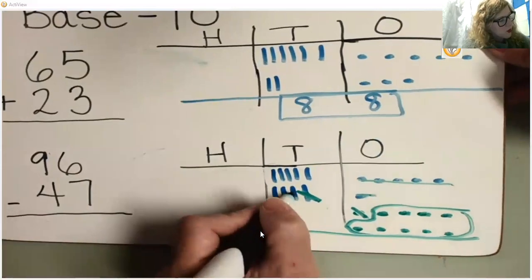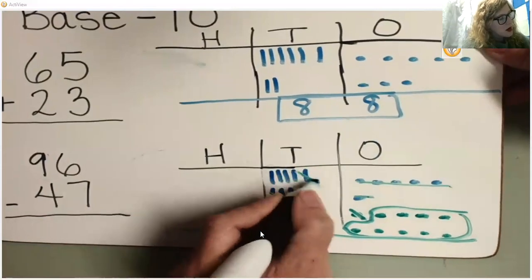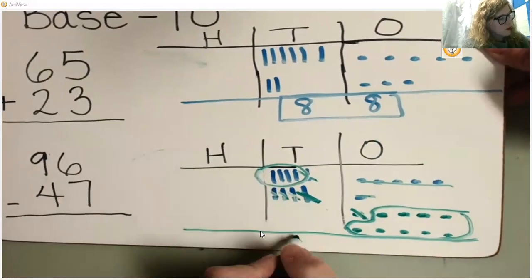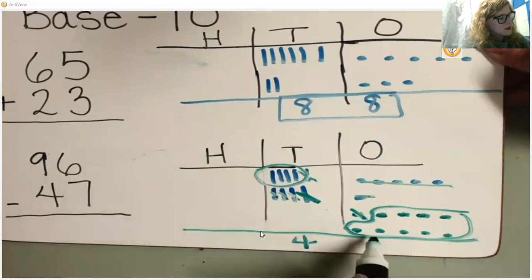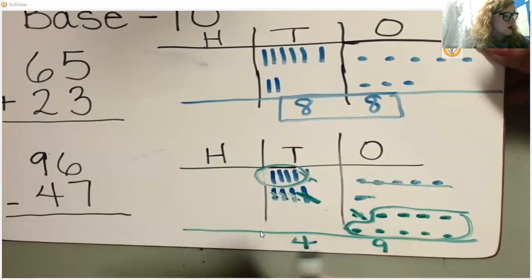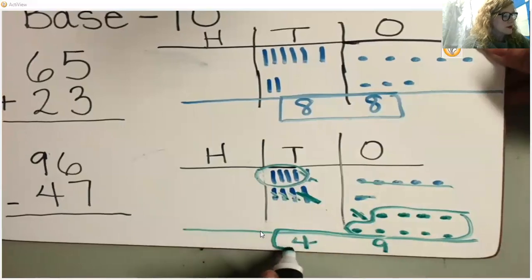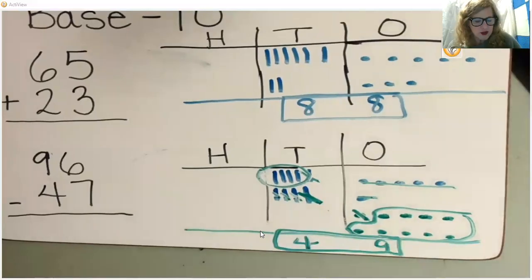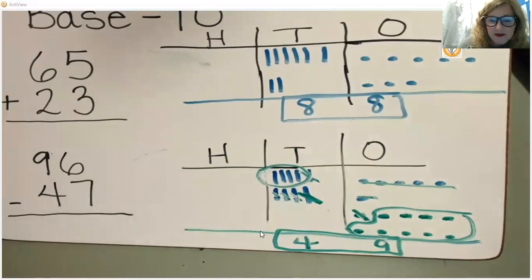So we'll take away 1, 2, 3, 4, and we have 4 tens left over. And we have 5, 6, 7, 8, 9 ones. So our answer is 47. Okay, so if you have an issue with that, just pause the video and go back and check.